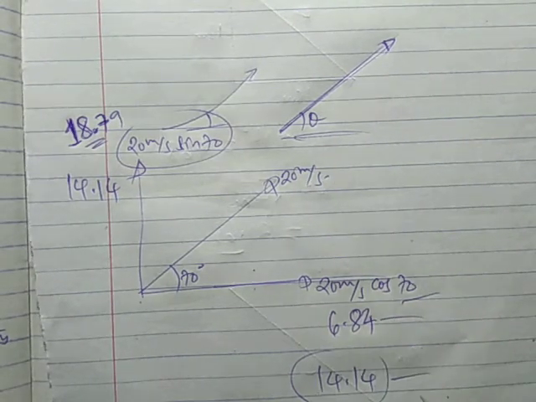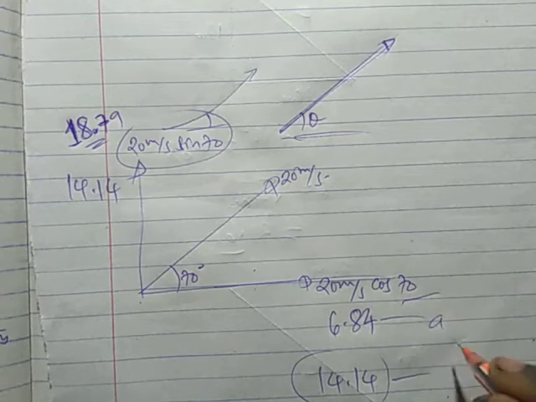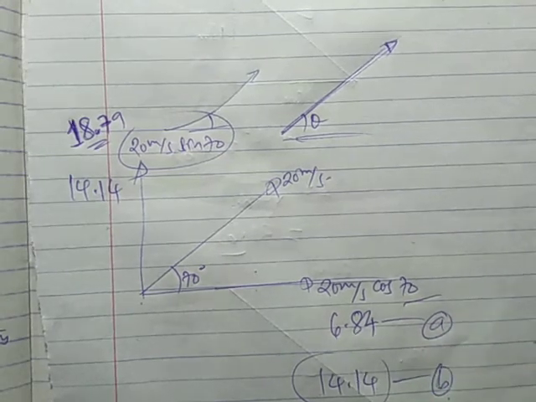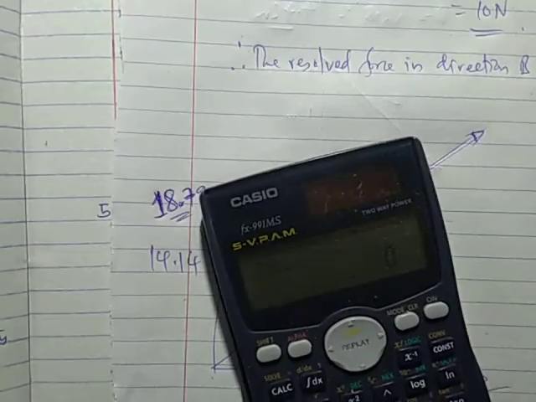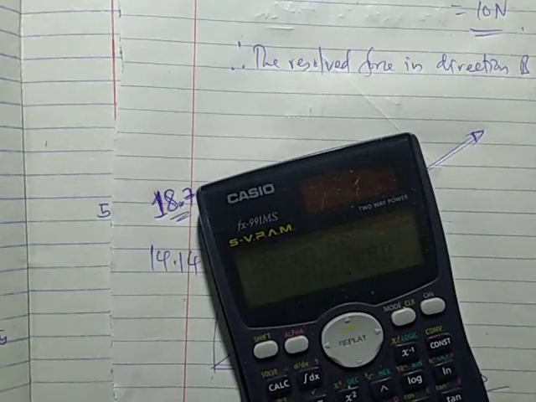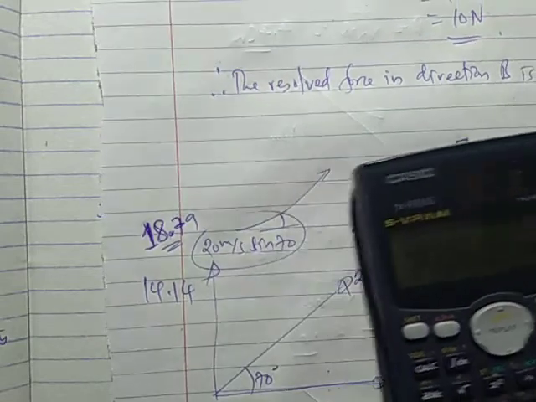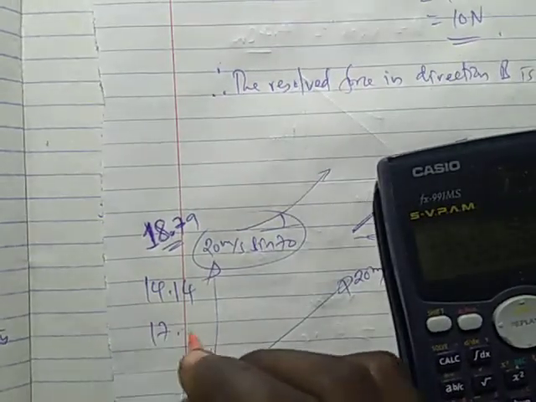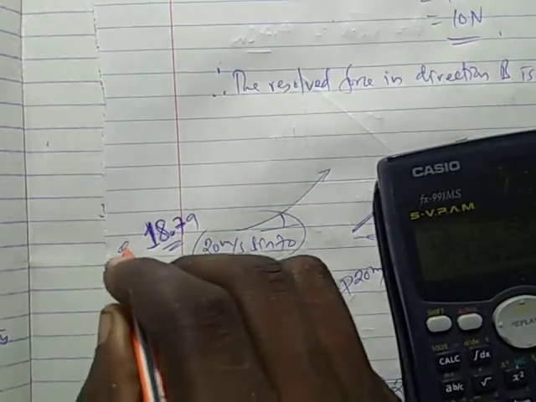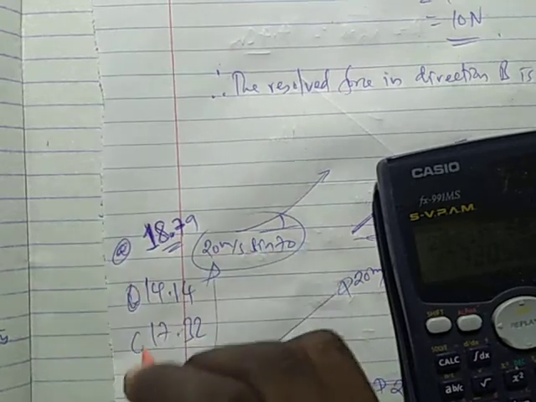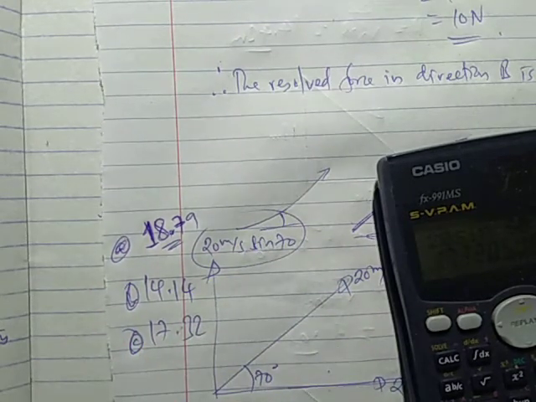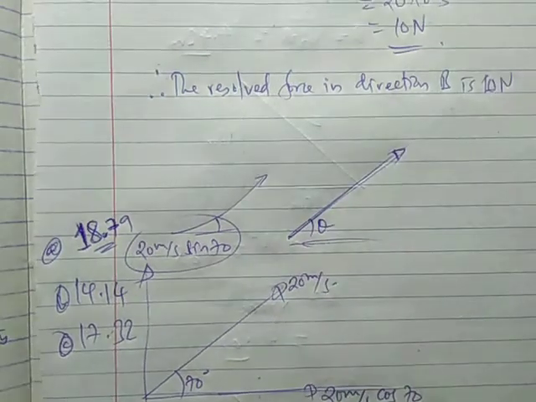Hii hapa ni 70, ni 45, ni 60. A, B, C. And then from there tutakuwa na 20 sine of 60 ambayo itakuwa ni 17.32. So A, B, C. Kwa hiyo finally haya ndio zinakuwa final answers for our question 5.